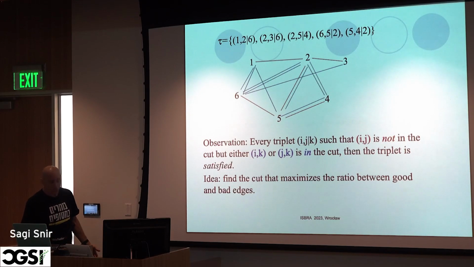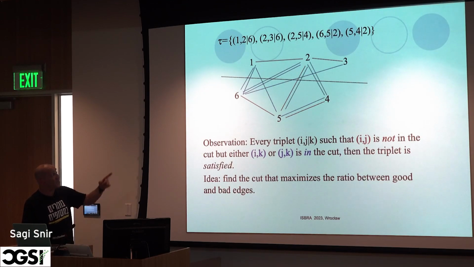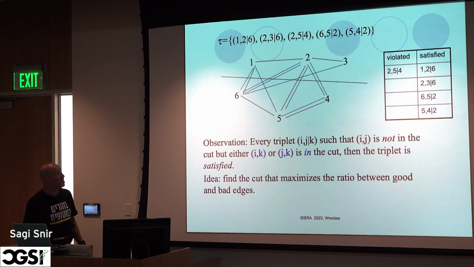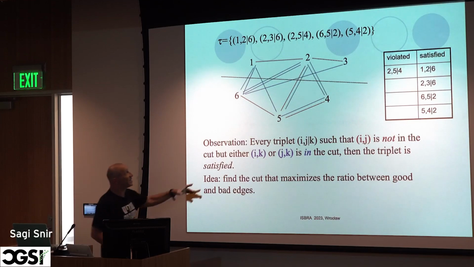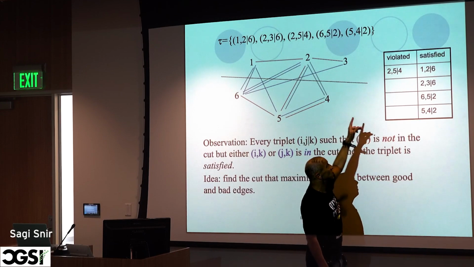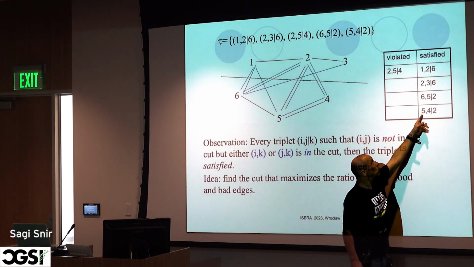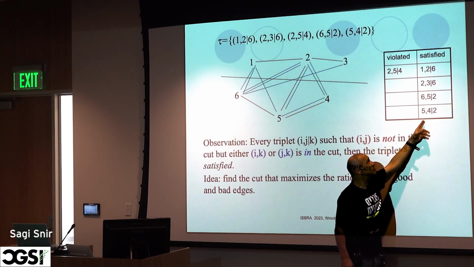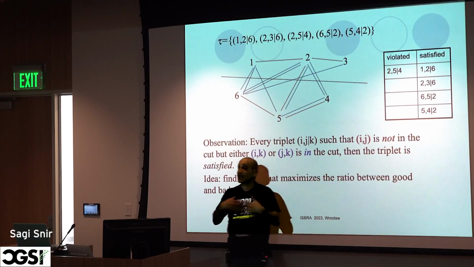But you may want to see how practical it is and how useful in biology. Okay, so this is the tree, this is the cut, the separation. And actually, after separating that edge with the MaxCut, as we call it, we violated one triplet, but resolved all the rest, and that's it.